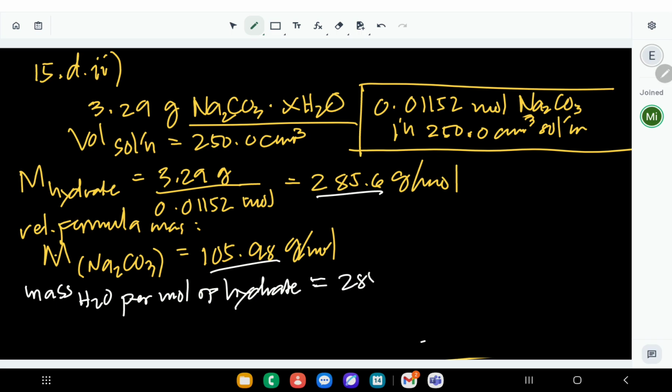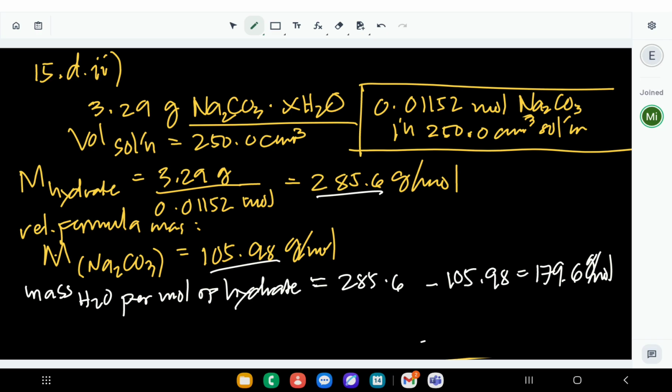So that would be 285.6 grams per mole minus 105.98. So that is 179.6 grams per mole. So that is the mass of water per mole of hydrate.